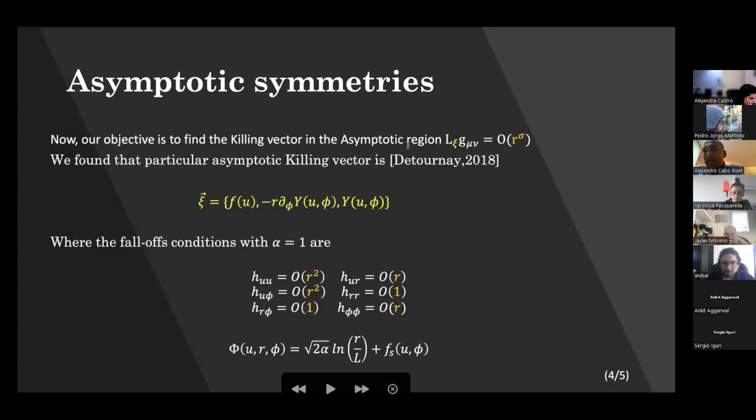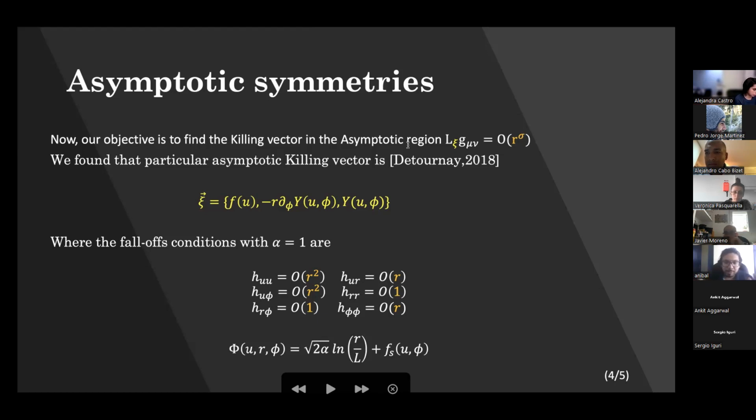Here we already found solutions, and now we want to study their asymptotic behavior. The way of doing it is, first we need to set some falloff in the fields, and then we find an asymptotic Killing vector, or asymptotic symmetry. Here we wanted to focus on a particular case, alpha equals 1, because it's a control case.